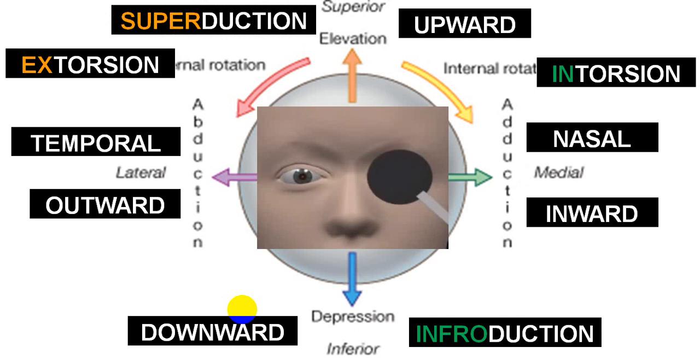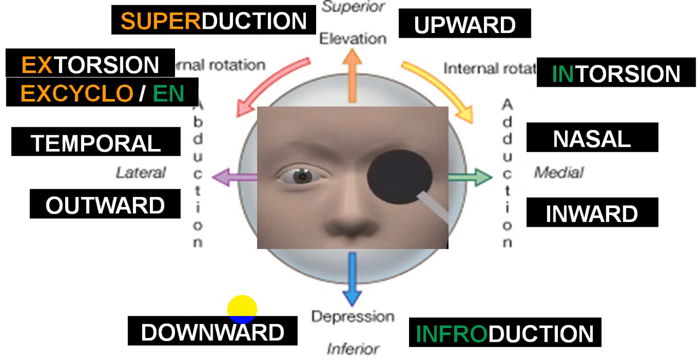And this is called supraduction. These are a few of the words. Also there is one word called excyclovergence and incyclovergence. So these are the other words. Ex means extorsion, in means intorsion.